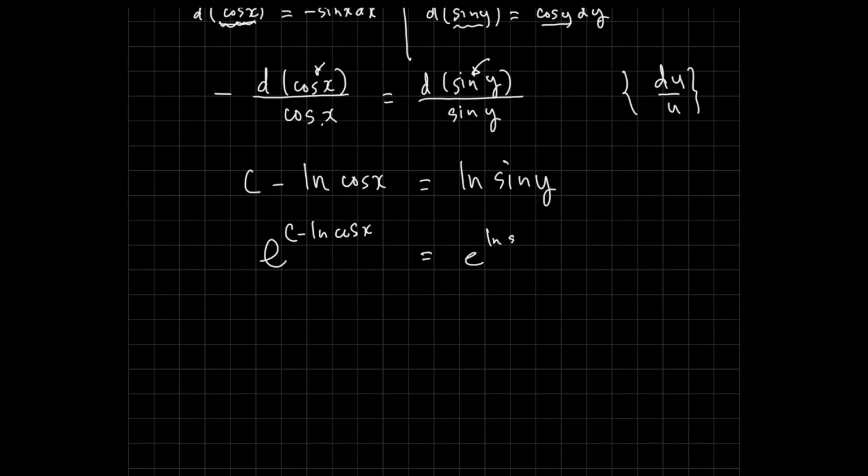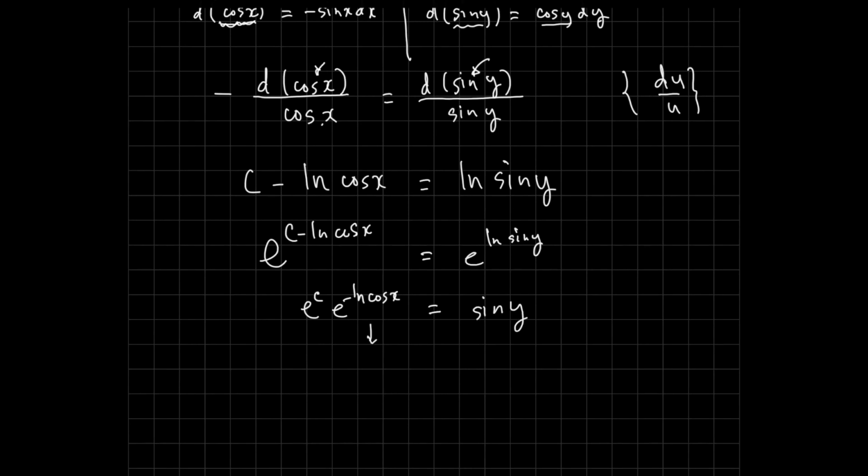On this side, e to the ln sine y. And because ln and e are just inverses of each other, we can just remove them, and we will have e to the minus ln cosine x. Here we have just sine y.